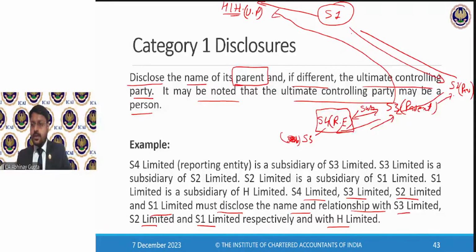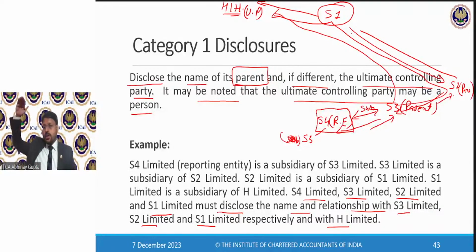So we will disclose all these companies as related parties in the balance sheet of S4, irrespective of the fact whether S4 is having any transactions with all these companies or not during the year, right? So category 1 disclosure means disclose the relationships irrespective of the fact there are transactions or no transactions. Clear? So we need to disclose all our parent companies.